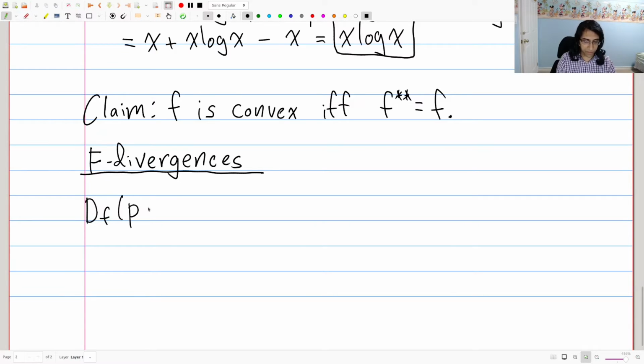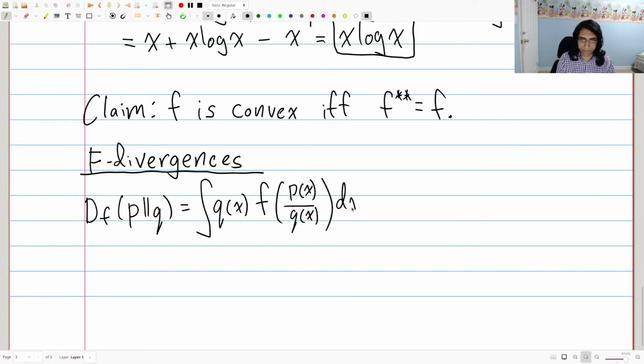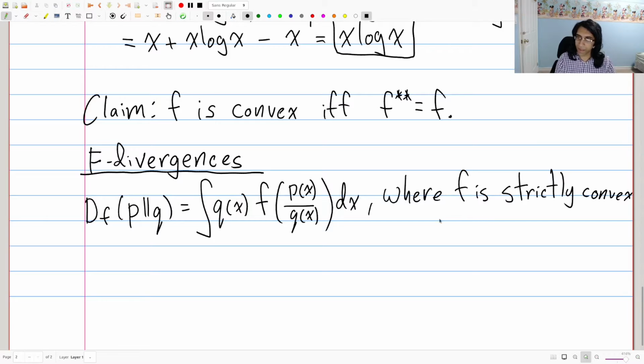D_f(p, q) is equal to the integral of q(x) times f of p(x) divided by q(x) dx. And we need that f is strictly convex, and that we need f(1) is equal to 0.